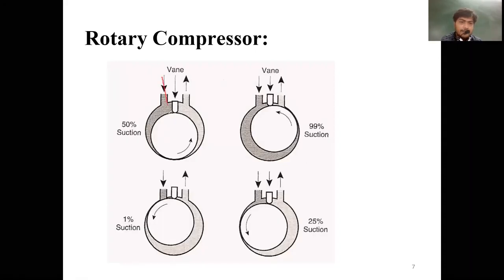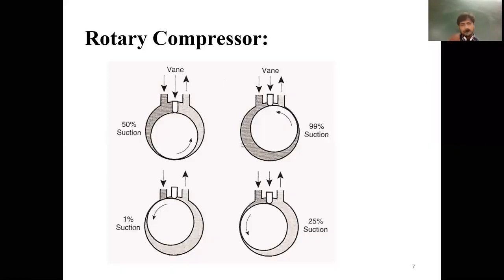Here, 50% of suction is done, and at that time the outlet of the refrigerant is also open. Here, 1% of suction is done. Here, 99% of suction is done, where the total refrigerant has come into this chamber casing and it rotates eccentrically. Because of the eccentric rotation, the pressure increases in the rotary type compressor.